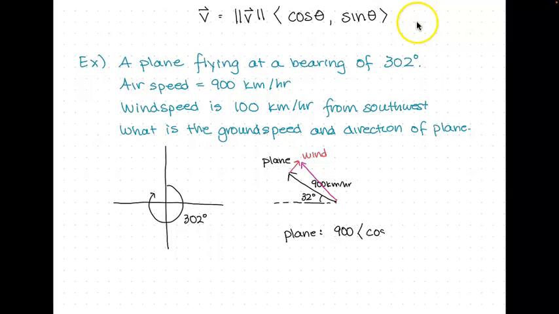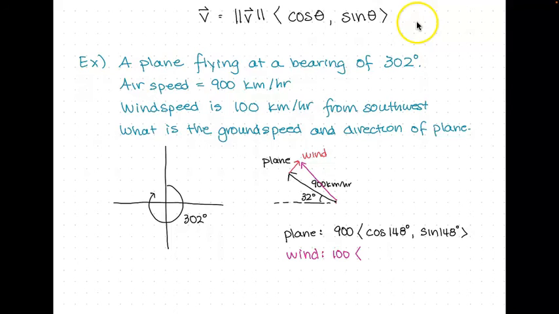So cosine 148 degrees, sine 148 degrees. And then the wind, it's flying at a speed of 100 kilometers per hour, so that's our magnitude.